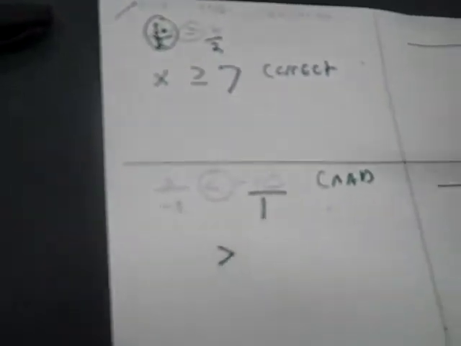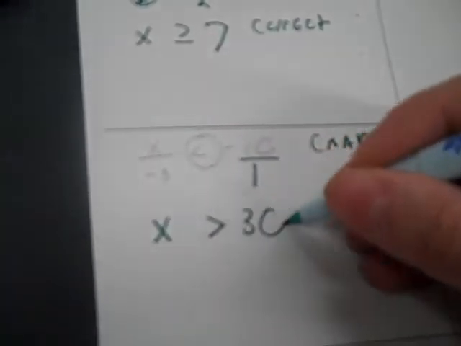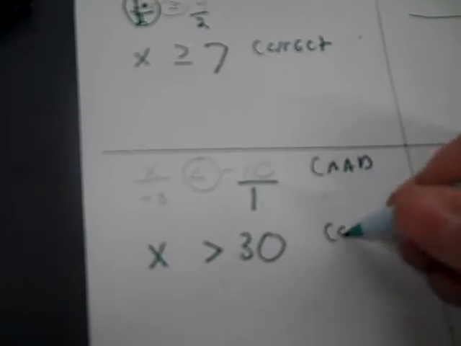That number's negative, so that sign needs to flip, okay? So I can cross multiply and divide. Negative 3 times negative 10 divided by 1 is 30, okay? The x is there, it stays there, and the 30 is over here. So that is in the correct order.